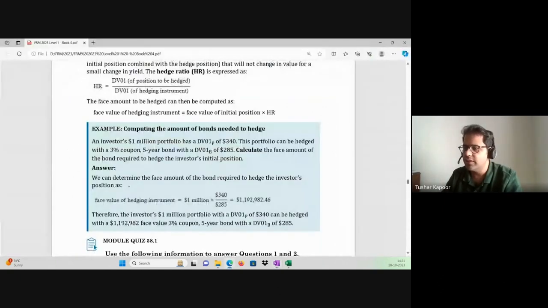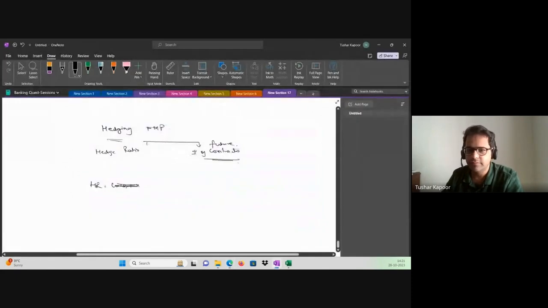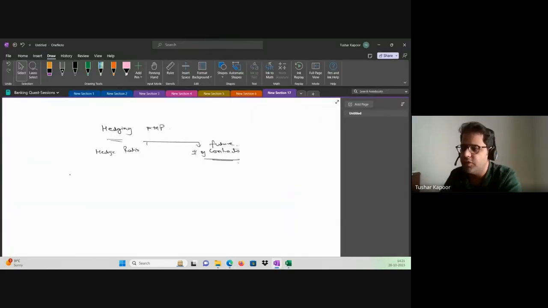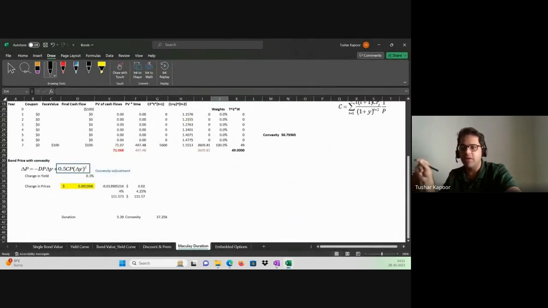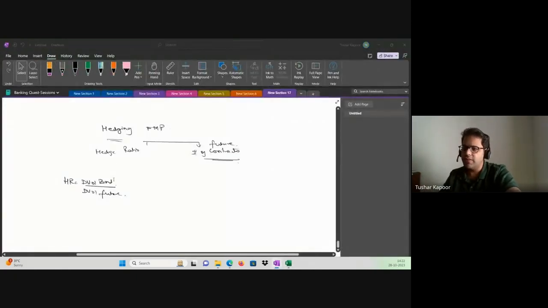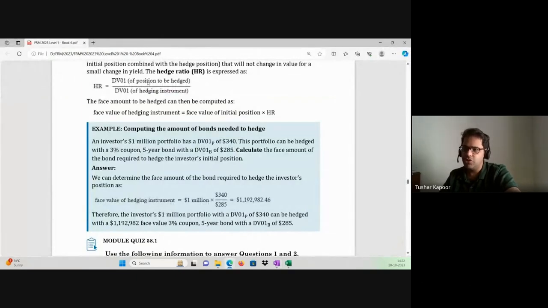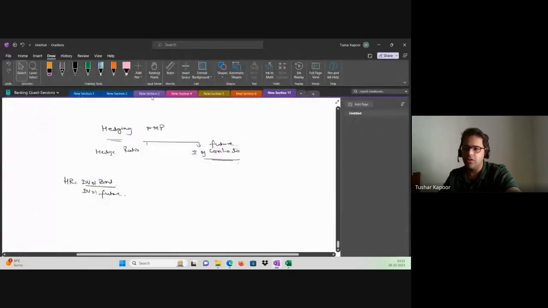Anyways, the dollar hedge ratio here is going to be the DV01 for the bond for which you are doing the hedging, divided by the DV01 for the future which is used for hedging this particular bond. DV01 for that is dollar value of a basis point for the bond position to be hedged, divided by the dollar value of a basis point for the instrument used for hedging. For the instrument, we do not call it future, we call it the hedging instrument.